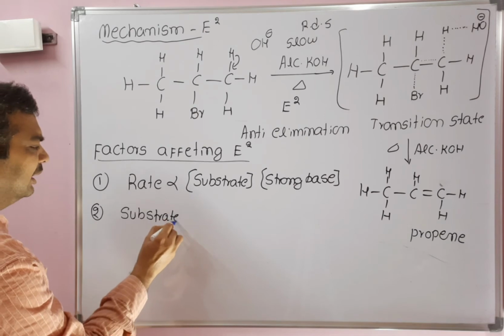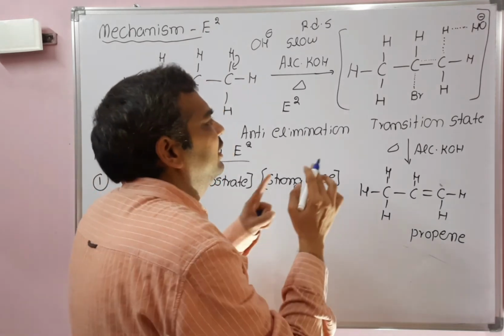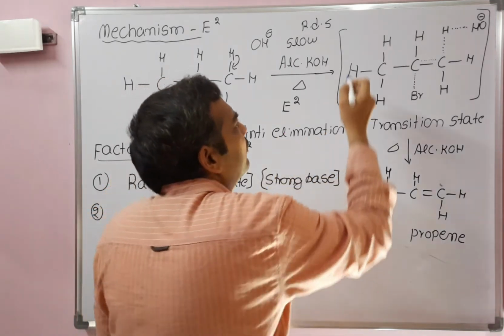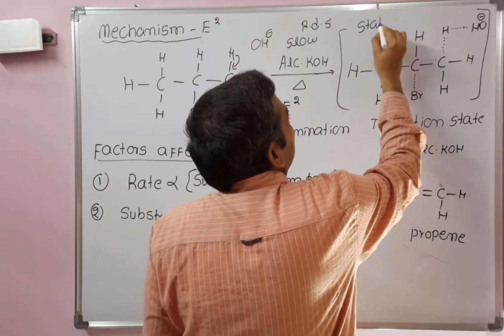Generally alkyl halides will readily undergo E2 elimination reaction if the transition state is stable. If the alkyl halide is bulky, then the transition state is stable.